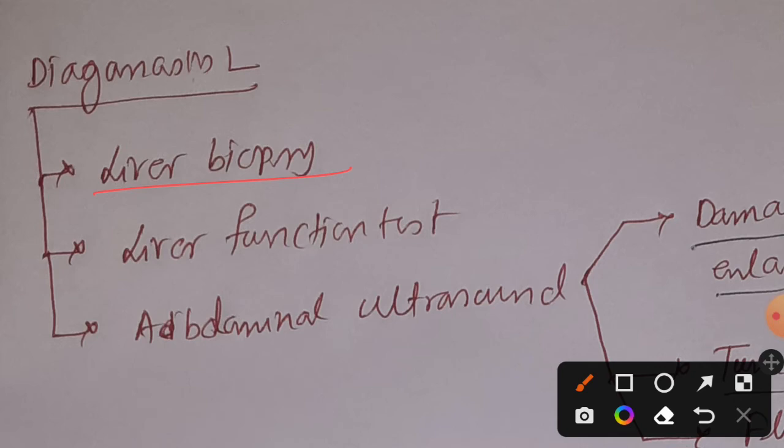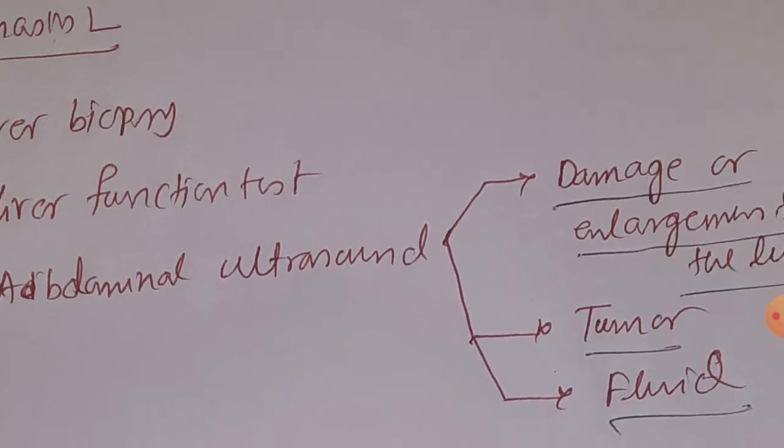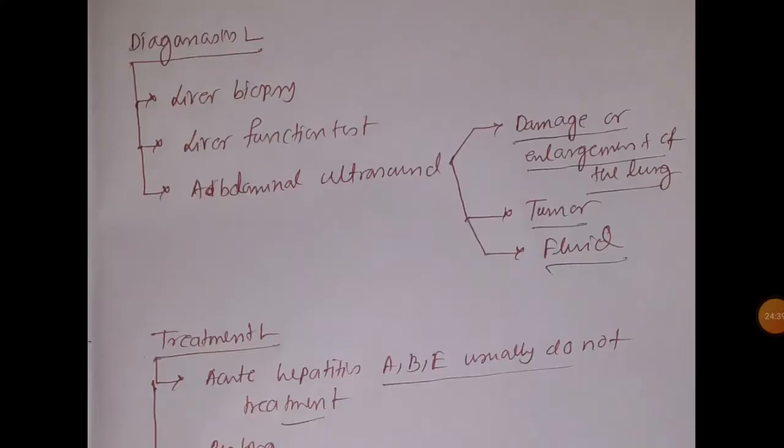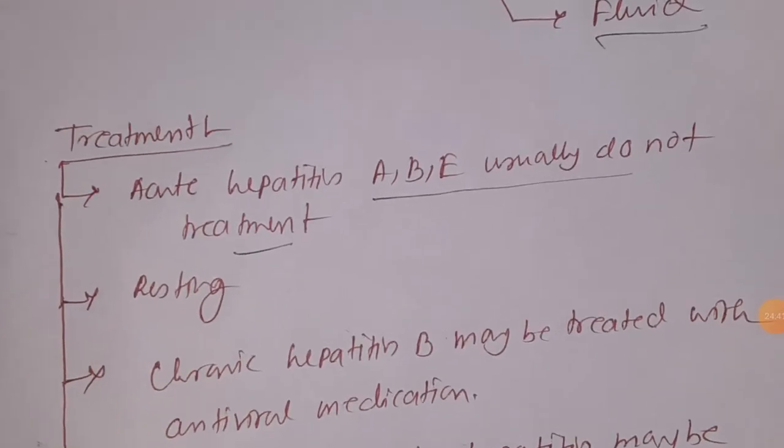We can also use liver function tests and abdominal ultrasound. This abdominal ultrasound will help us detect any enlargement or damage in the liver, along with tumor and fluid detection. Those are the three detection purposes we may adopt.